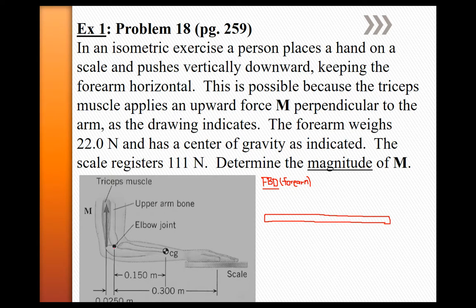Okay, the elbow joint, this would be the fulcrum. So we'll call that O, and I'll just label it on the diagram. I like to try to represent any situation just with a teeter-totter type diagram. So we're going to call that point O, and point O is the elbow joint.